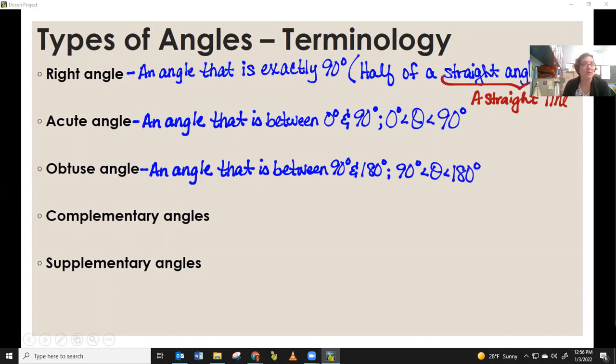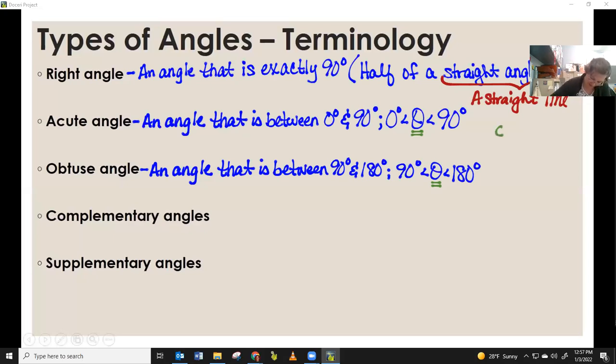Before we talk about complementary and supplementary angles, I want to take just a brief moment and talk about these guys right here. Does anybody remember from geometry what we call that symbol right there? Yes, that's absolutely correct.